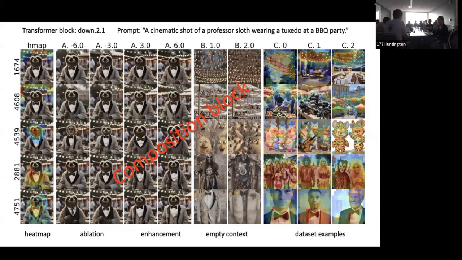Then I will. On the dataset examples, is this just from a dataset of many prompts where you generate a lot of things? Yeah. Actually, I wish the dataset examples could be even better, but we were pragmatic in keeping things cheap.